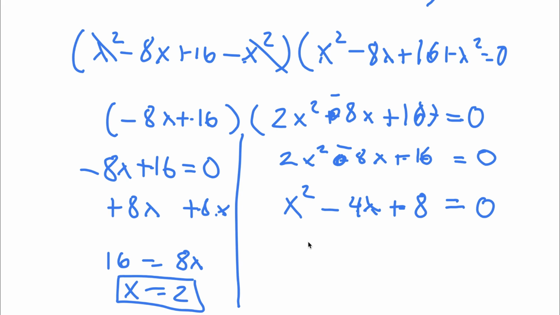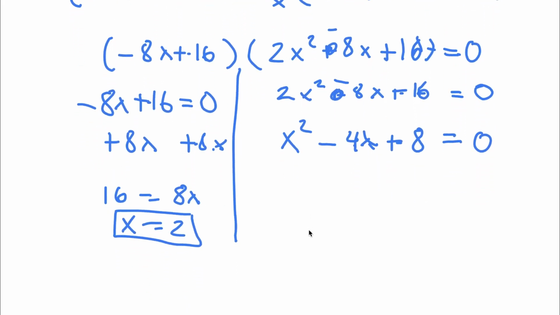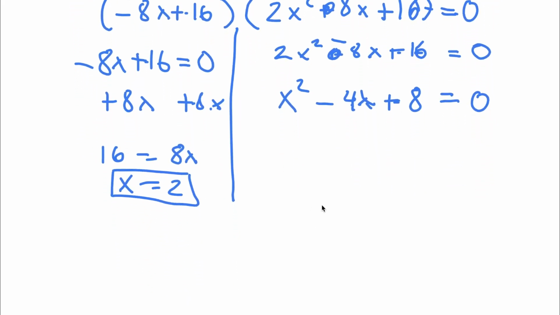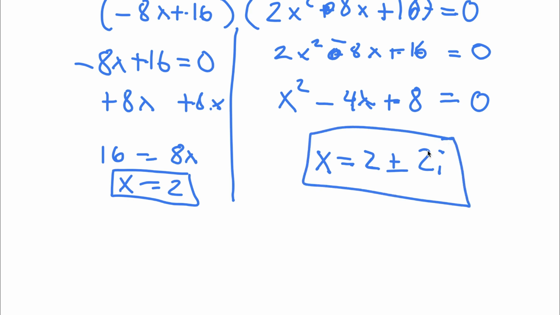And to factor this, I need to use the quadratic formula, and I'm not going to waste your time doing that, but once you use the quadratic formula, you get that x is equal to 2 plus or minus 2i. So my three solutions are x equals 2, x equals 2 plus 2i, and x equals 2 minus 2i.